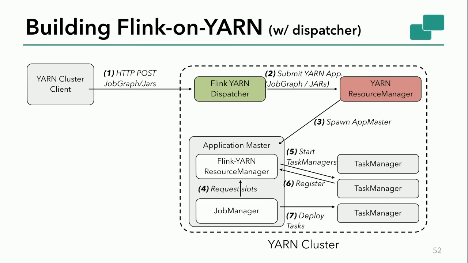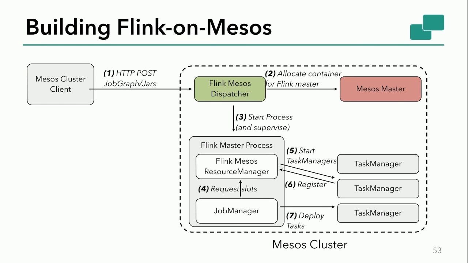If you're really more interested in a richer environment where you have lots of jobs running and maybe sessions that span multiple jobs, then you'll want to have a dispatcher involved that knows how to start up individual instances of this for each job. And then the story for Mesos becomes basically the same story.